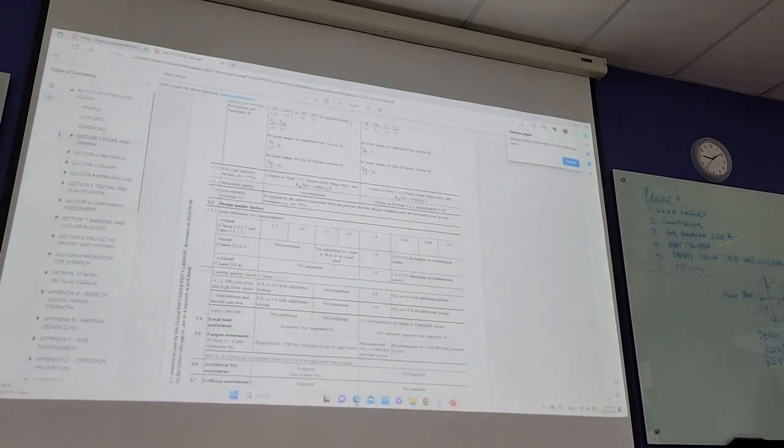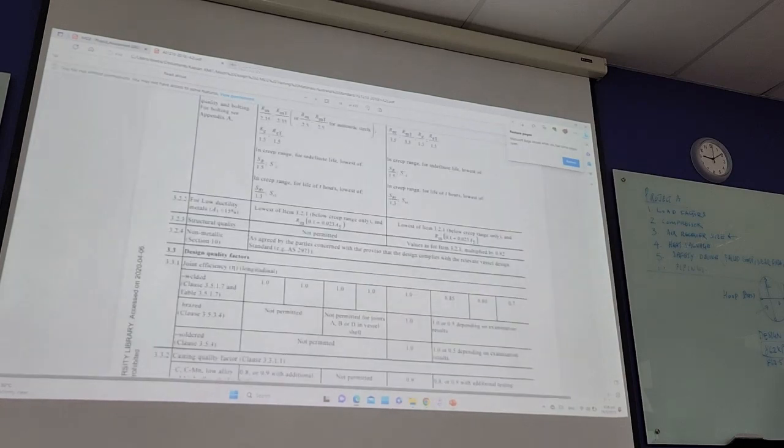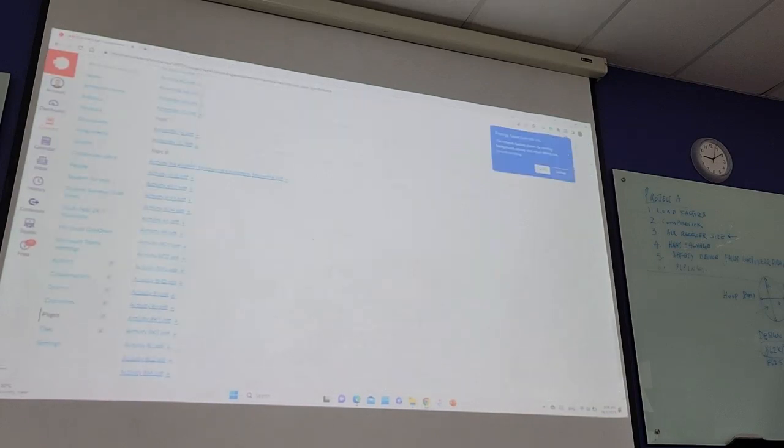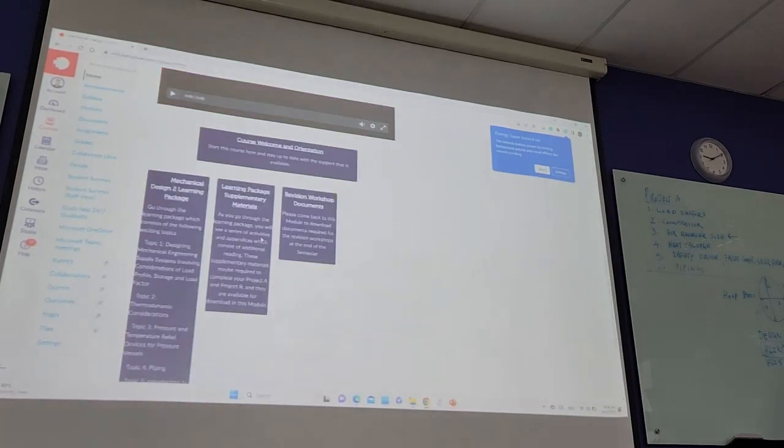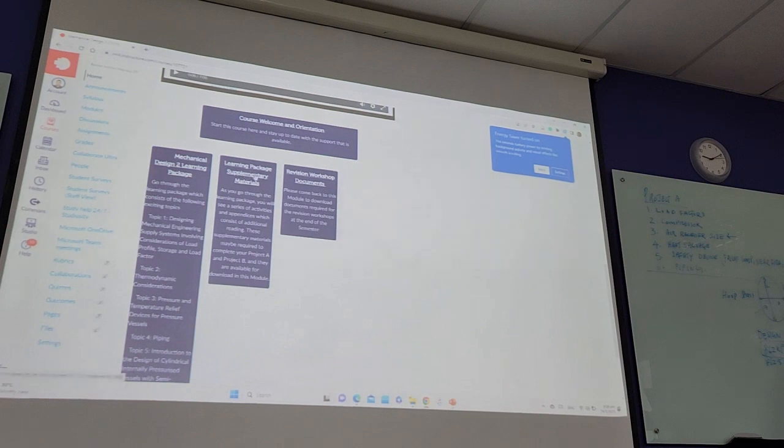Which activity is that? Under which activity? AS1210. Have you downloaded it? Just now I showed you how to download. I show you how to download from Canvas. You go to Canvas, then to the learning package, supplementary material.